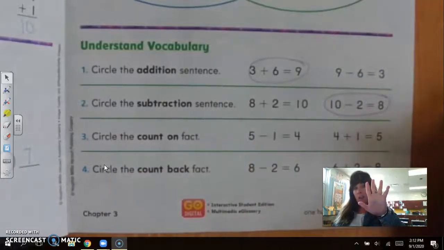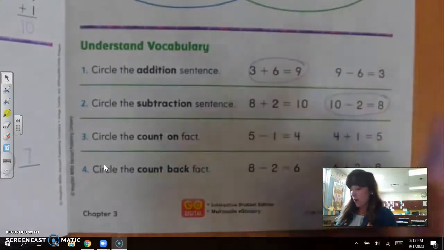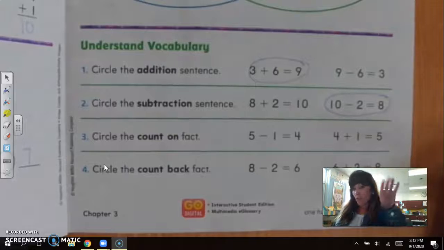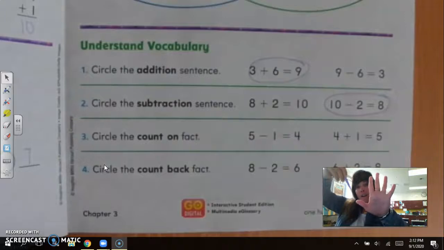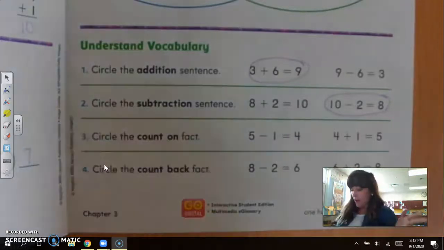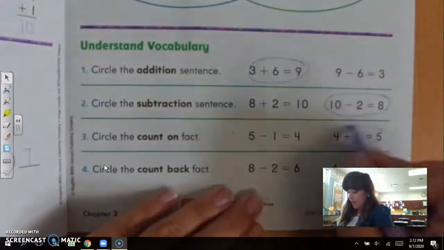I'm going to take that one away. Did I count on with that? No. Let's see for 4 plus 1. So if I have 4 fingers, and then I'm adding 1 more, I'm going to go 4, 5. I'm counting on. So that's a count on fact.